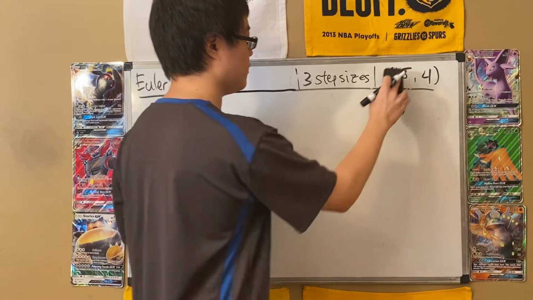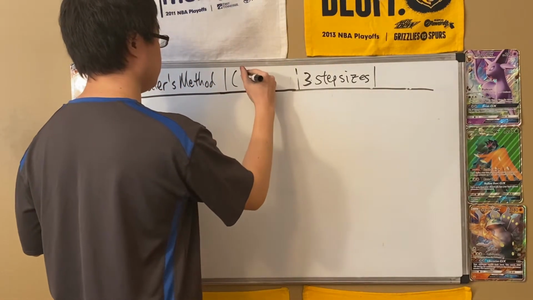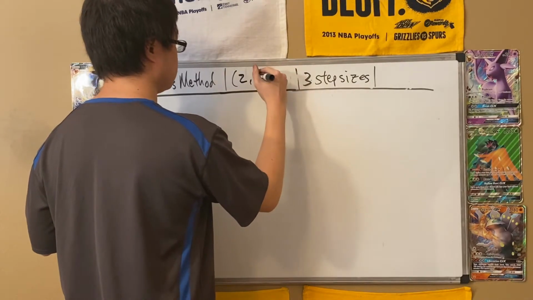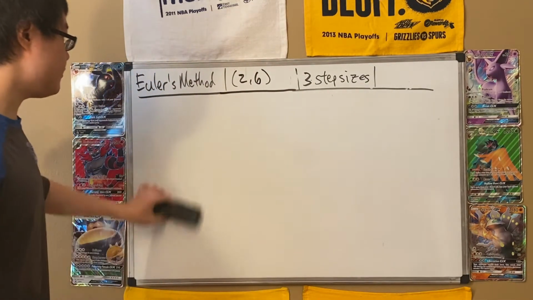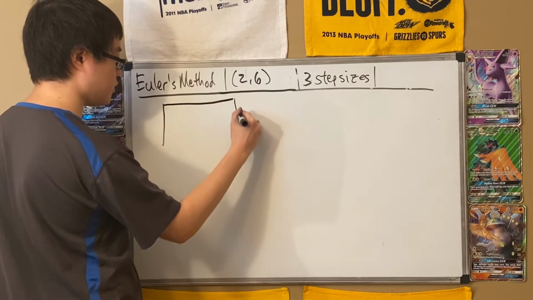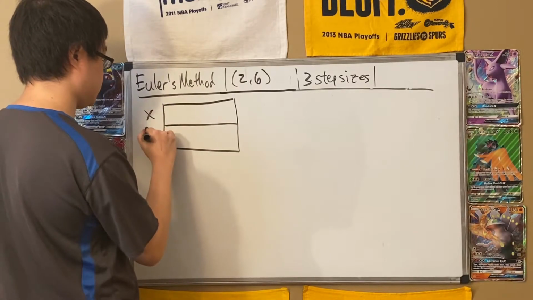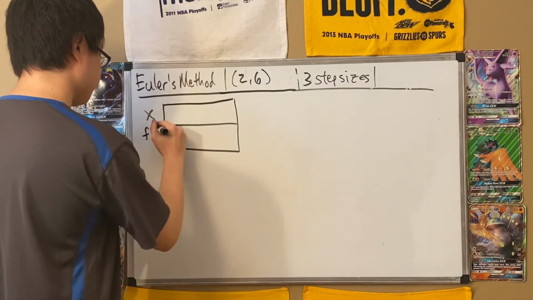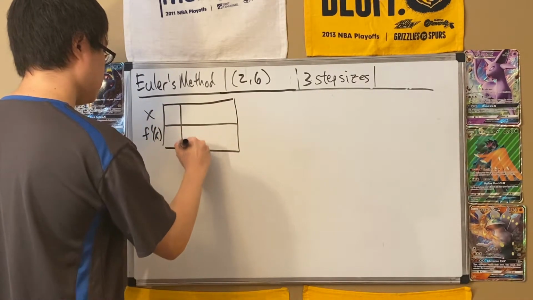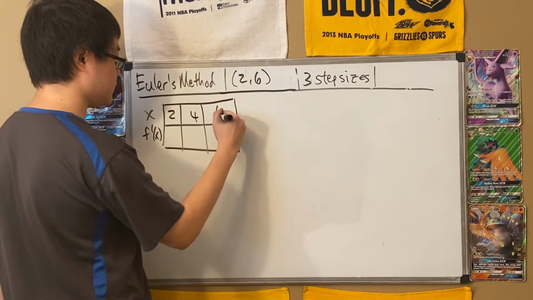And the given value that we're going to start off with, let's say our given value is going to be 2, 6. And what's going to happen is we're going to have this nice, beautiful little table. Hopefully I can draw a good table. So this is also a given, x. And we're going to have f prime of x. Then we're going to have 2, 4, and 6.